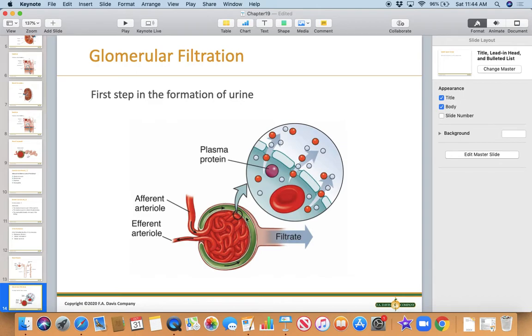So these are just capillaries, and since they're such high pressure, it causes the water and everything dissolved in it to leave through filtration, and then it's going to flow through the tubules, and basically we reabsorb the good things and we secrete bad things.